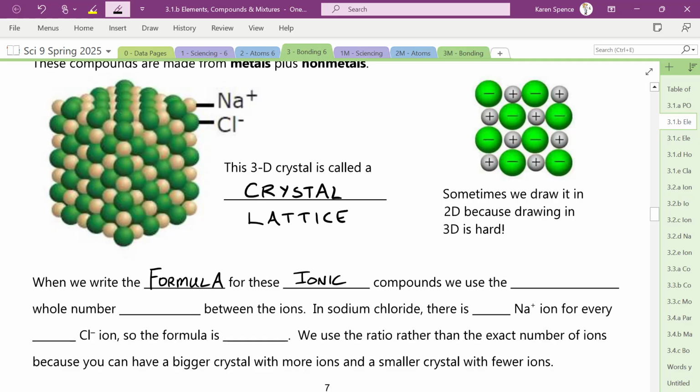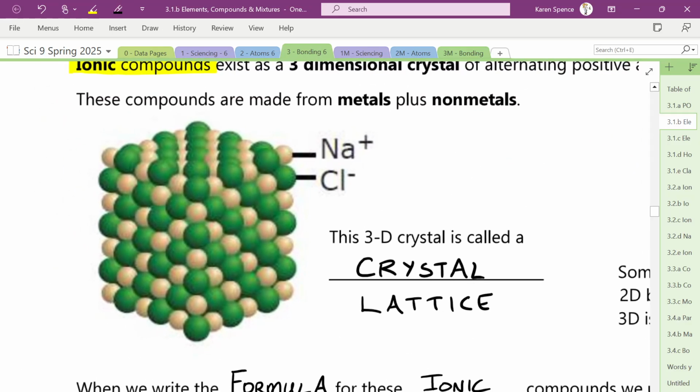We don't write out the whole thing, because if I have this crystal here, if I were to count up all the chlorines and all the sodiums in that crystal, I'm just going to approximate.